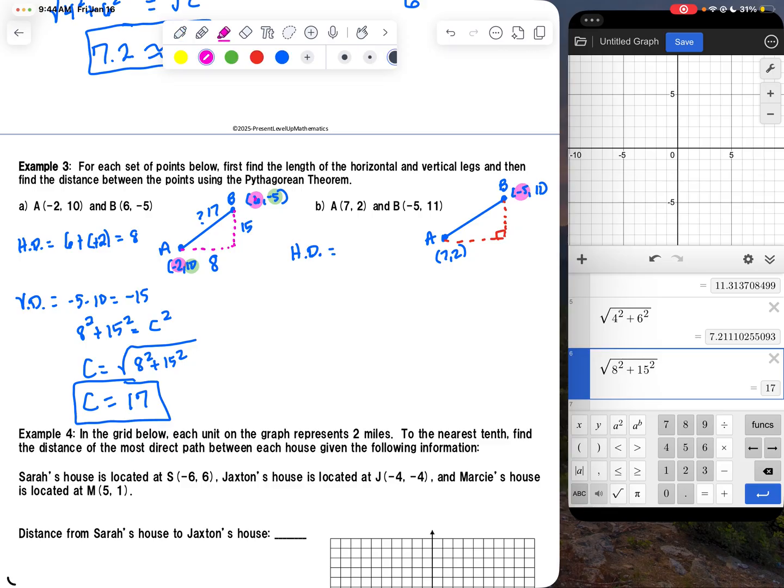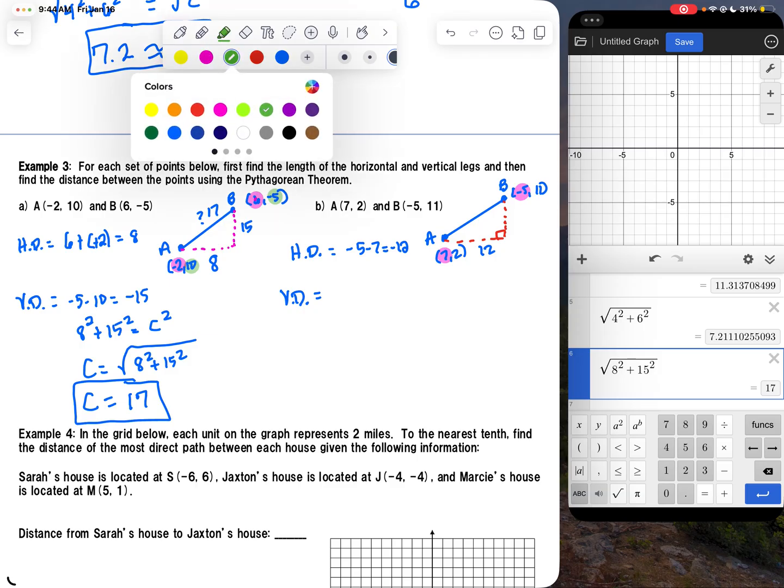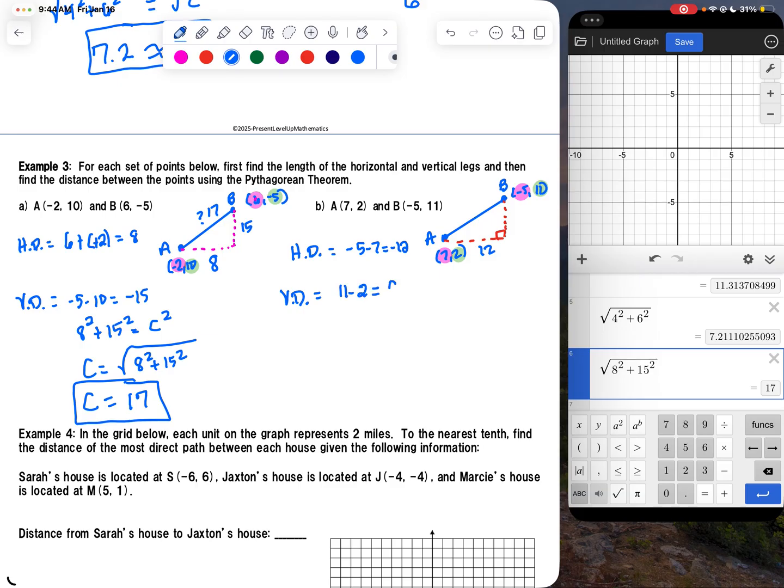I calculated my horizontal distance by subtracting the x values. So I took negative 5 and subtracted 7. That gives me negative 12, and the absolute value of negative 12 is positive 12. So my horizontal distance here is 12 units. My vertical distance, I'll use my y values, and that's going to be 11 minus 2, which is 9 units.